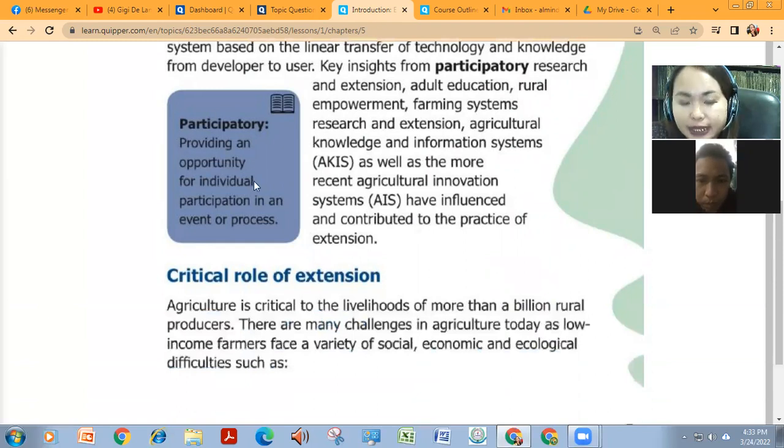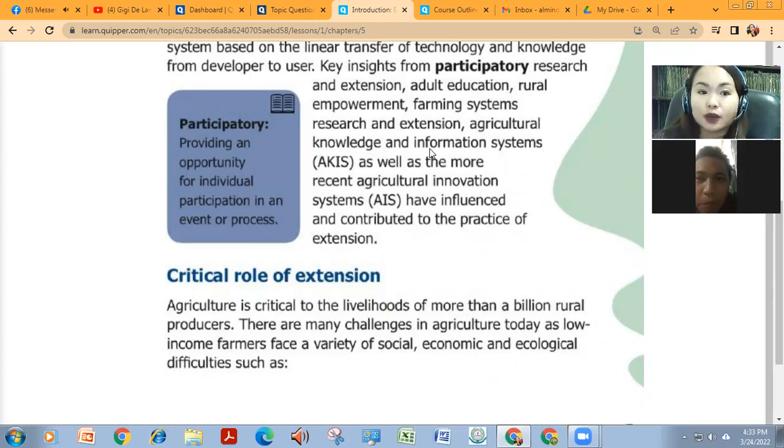So again, when we say participatory, can you read, Jason? Participatory, providing an opportunity for individual participation in an event or process. So have you heard of this one before nga na ay mga research nga involved ang mga farmers? Kadungog ana. Wrong, ma'am, sa una.